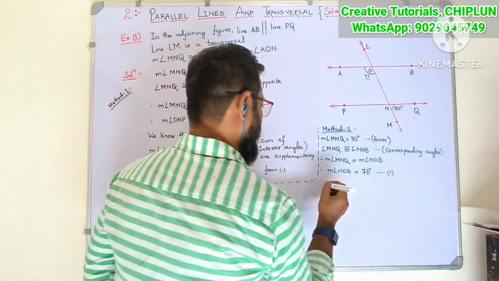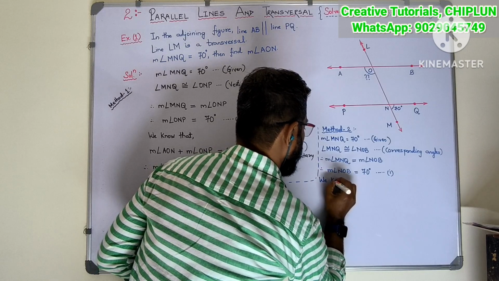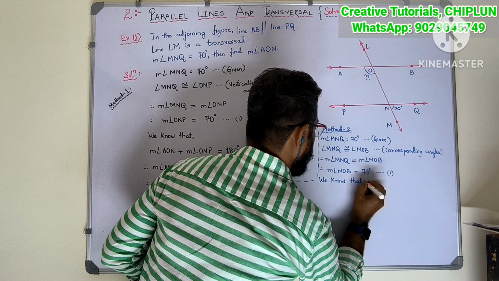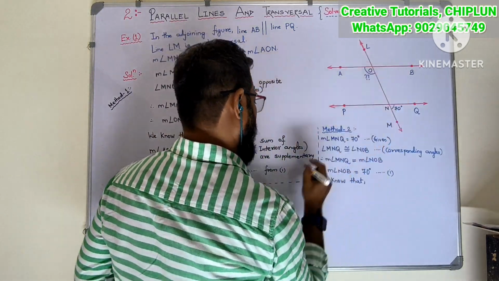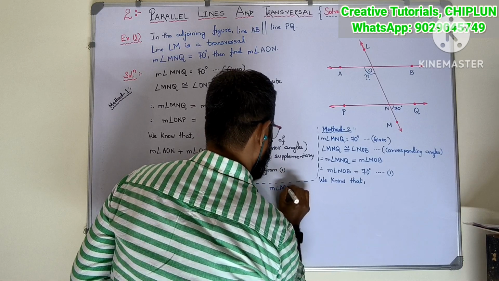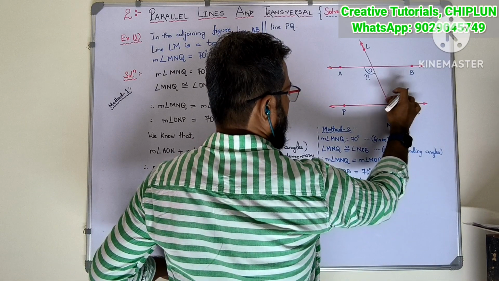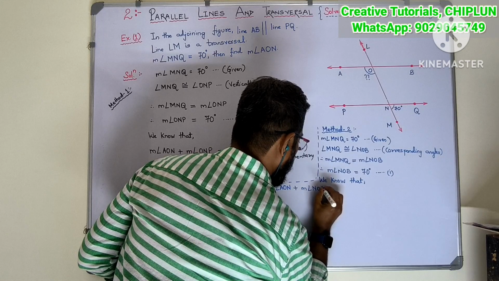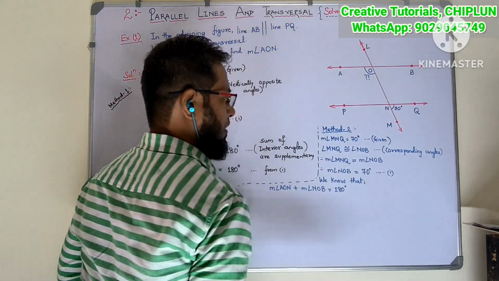Now we will write, we know that measure angle AON plus measure angle NOB is equal to 180 degrees.